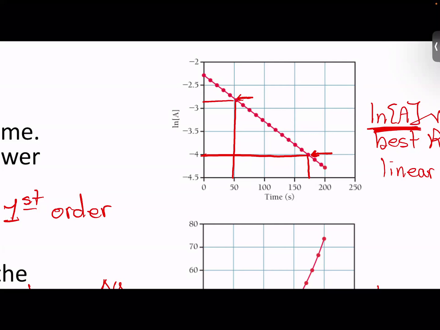So my slope is going to be Y2 minus Y1 over X2 minus X1.